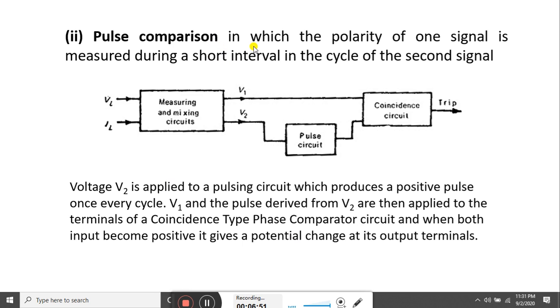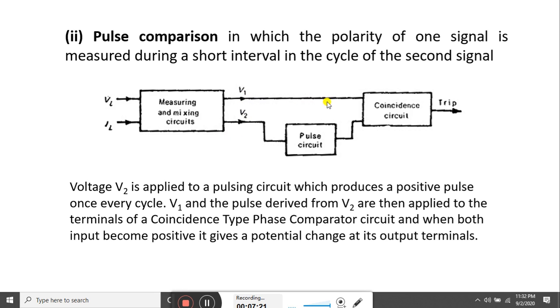In this pulse comparison, the polarity of one signal is measured during a short interval in the cycle of the second signal. This has been shown in the diagram, where we have a voltage and current applied to the measuring and mixing circuits, which have two outputs, V1 and V2.